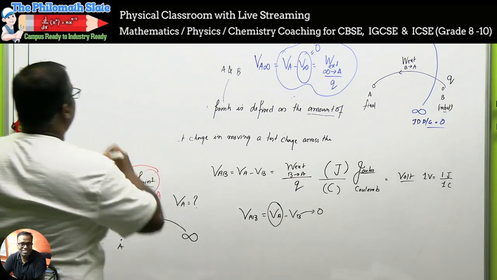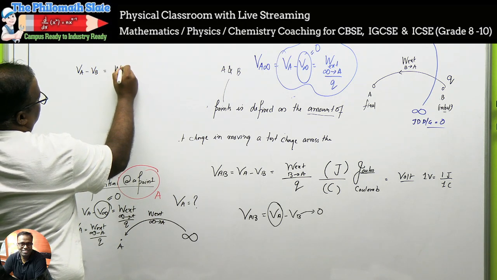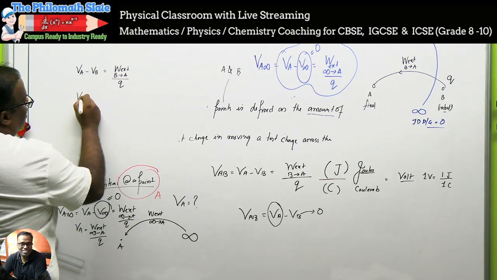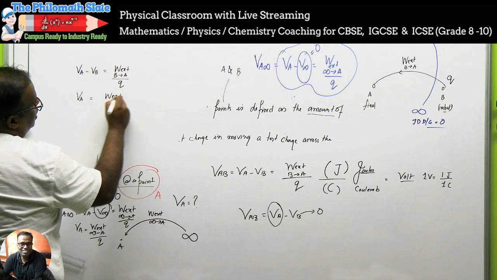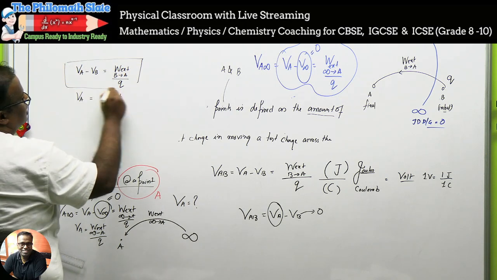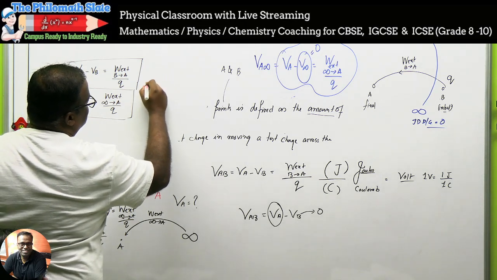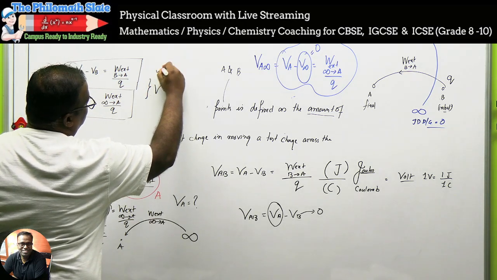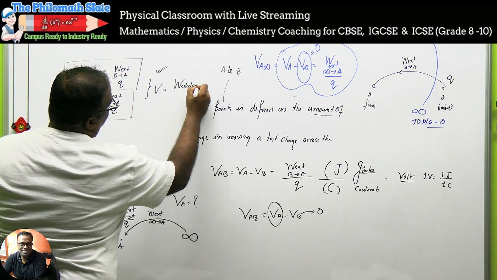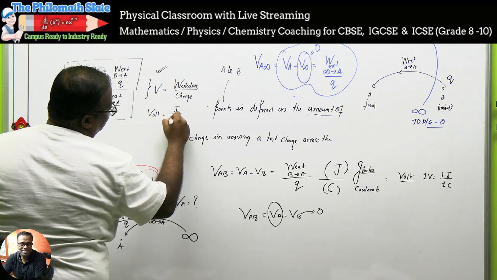One of the formulas would be potential difference between 2 points, VA minus VB is equal to W external B to A divided by Q, and VA, potential at a point, is W external infinity to A divided by Q. But from these 2 points, we get only one definition, that potential difference V, this is what we will use for doing numericals, is always given as work done over charge. Volt is equal to joule over coulomb.